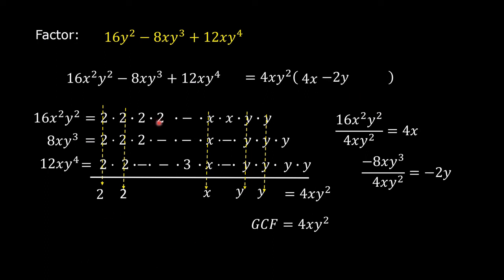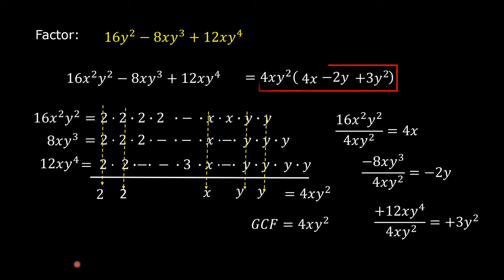Then the last term, positive 12xy raised to the exponent of 4 divided by 4xy squared is equal to positive 3y squared, right? Positive 3y squared. So the answer is 4xy squared times the quantity 4x minus 2y plus 3y squared.